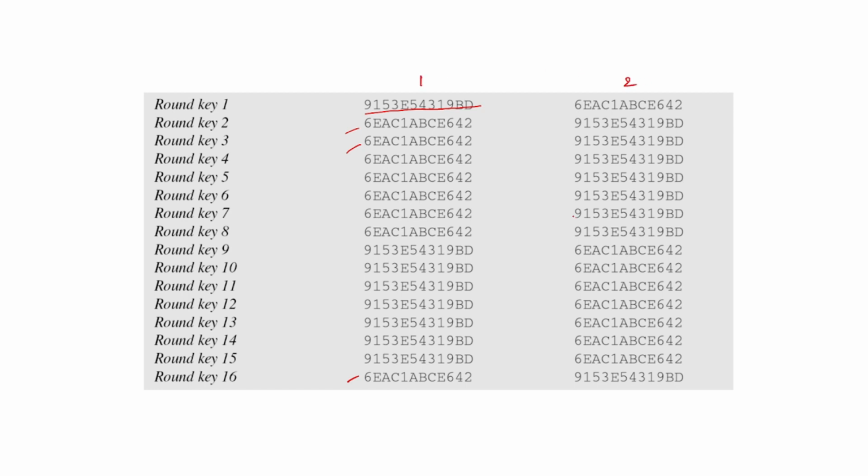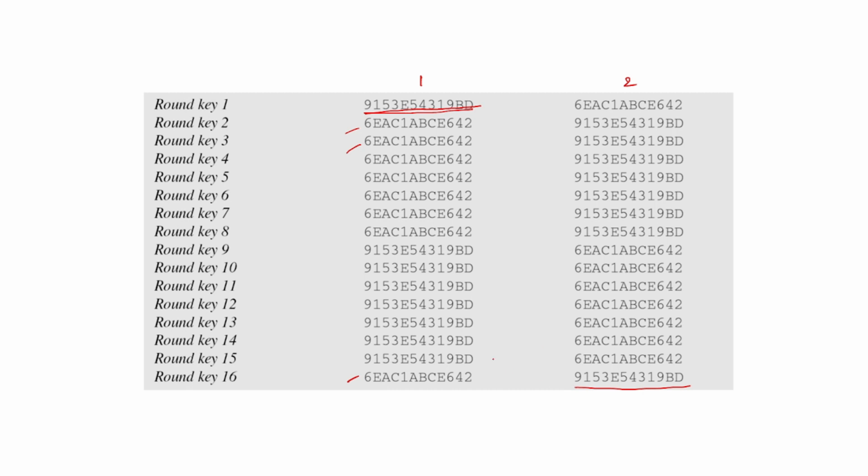If you use the first semi-weak key in the pair, these are the round keys, and these are the round keys using the second semi-weak key in the pair. If you observe the 16th round of the second semi-weak key, the first round key and the 16th round key are both the same.